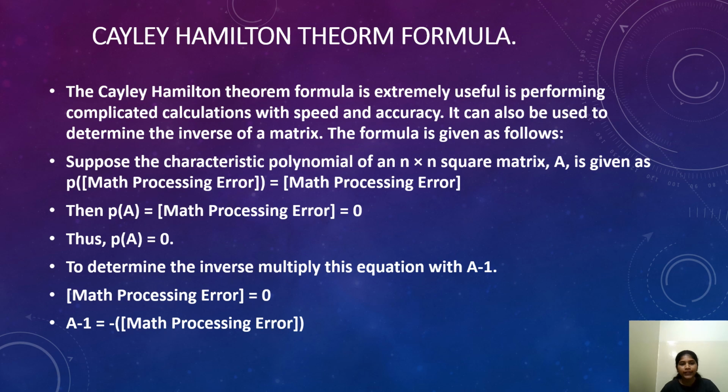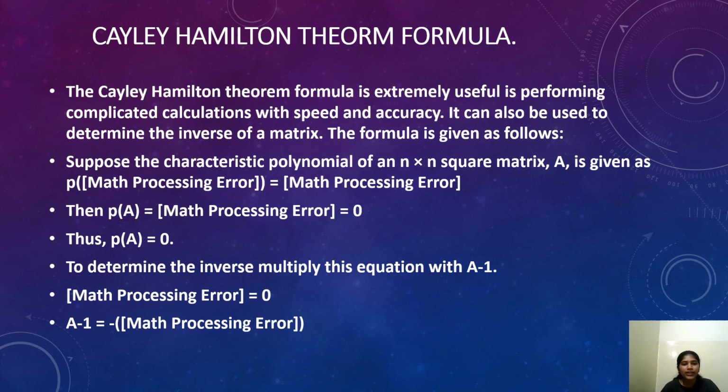Now let us move on to our next topic, the Cayley-Hamilton theorem formula. The Cayley-Hamilton theorem formula is extensively used in performing complicated calculations with speed and accuracy. It can also be used to determine the inverse of a matrix. The formula is given as follows. Suppose the characteristic polynomial of an n cross n square matrix A is given as P of lambda.